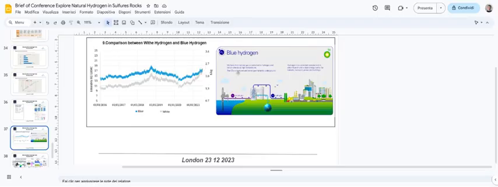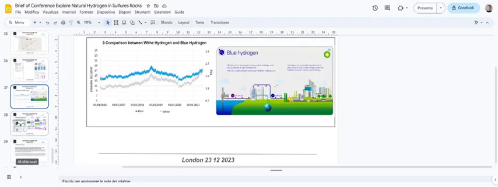The blue hydrogen, for example, is a big project of BP in which blue hydrogen is produced from natural gas, and to reduce the impact of this production, the carbon dioxide is captured and stored permanently underground.